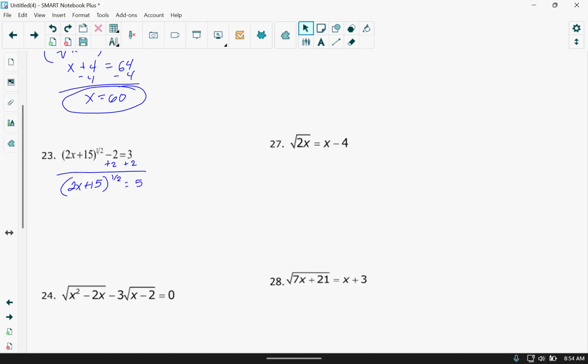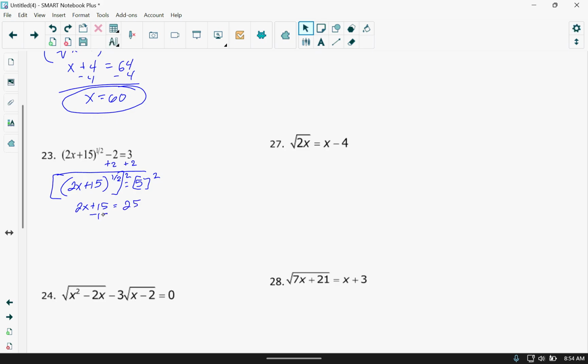Now, if I have a 1/2 power and I want to get rid of it, I raise it to the reciprocal power. The reciprocal of 1/2 is 2 over 1, which is the same as just 2. So I'm going to put brackets on the right side and raise that to the second power also. The left side, we just have 2x plus 15 is equal to 5 squared, which is 25.